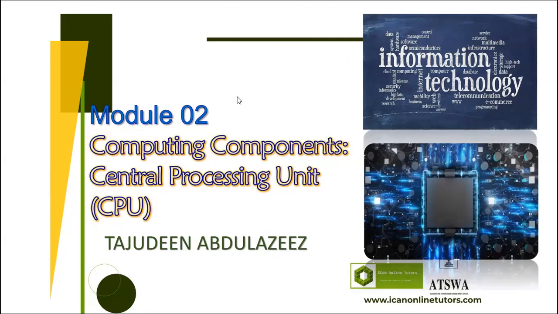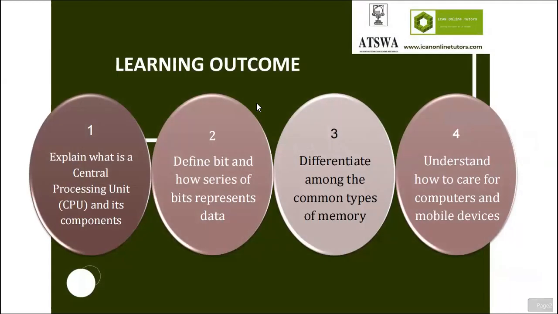For a CPU, we're looking at what you're expected to know at the end of this course. So at the end of this particular topic, you're expected to be able to explain what a central processing unit is and its components.